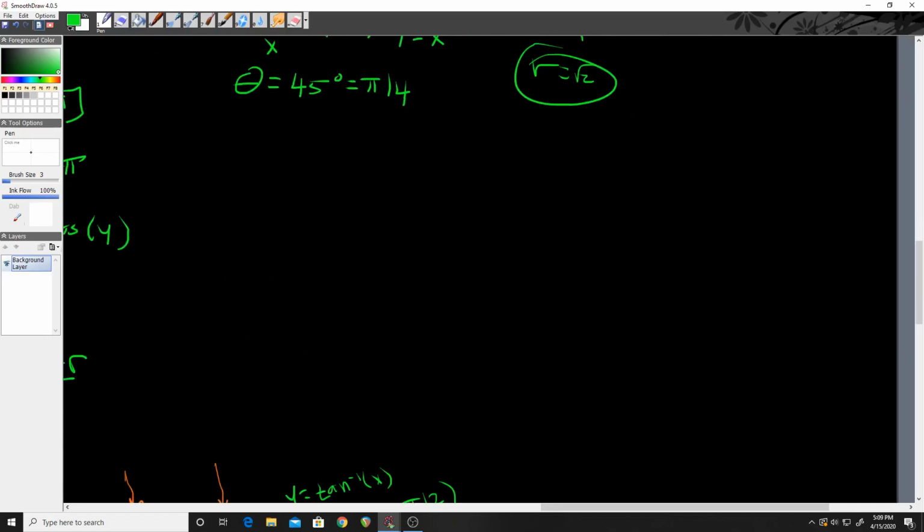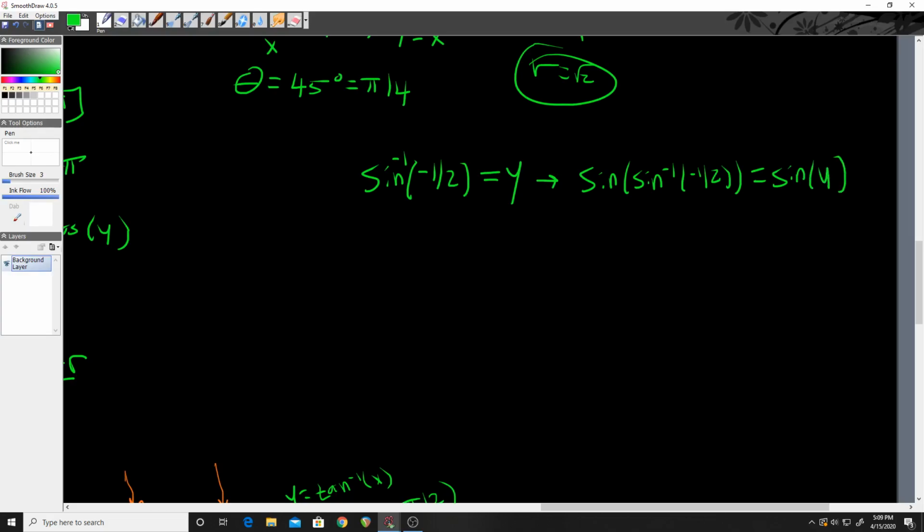Let's do inverse sine. Inverse sine of -1/2. Well, it's some number. And just like we did before, if I take the regular sine of both sides, regular sine, this is how we get stuff out of an inverse sine or out of regular sine.